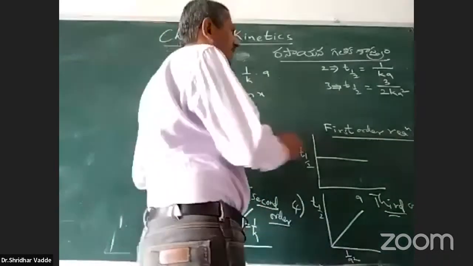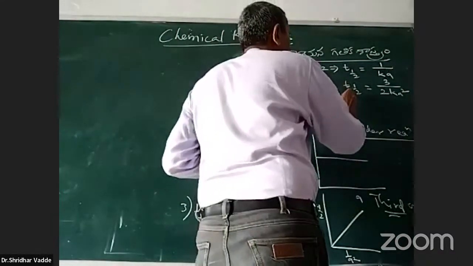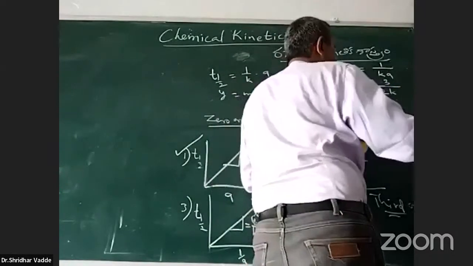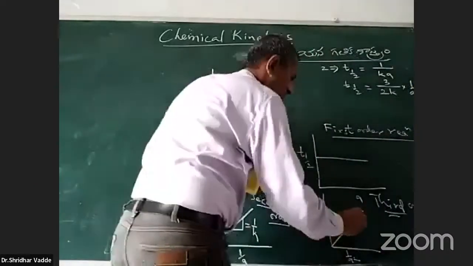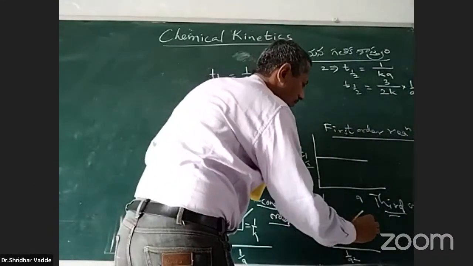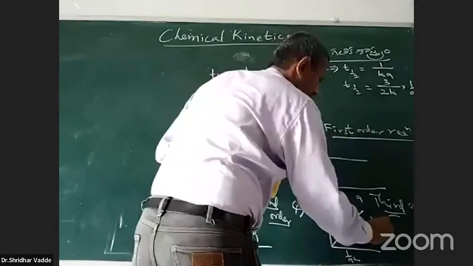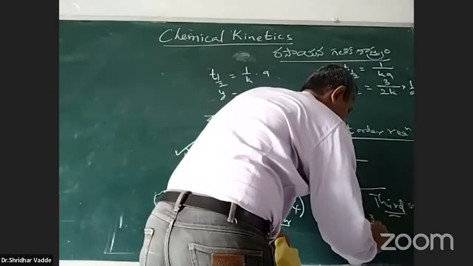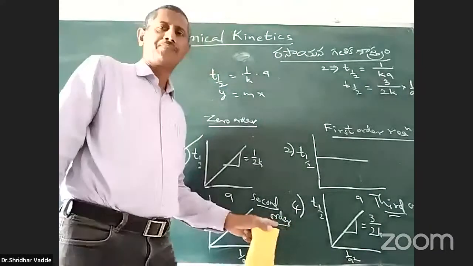And in the case of third order reactions, this t1/2 can be written as 3 by 2k into 1 by a square. Therefore, this slope is equal to 3 by 2k.